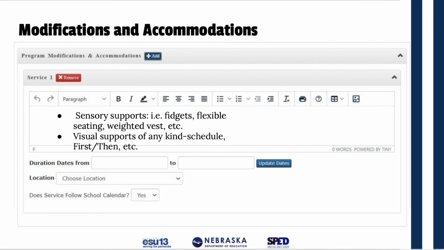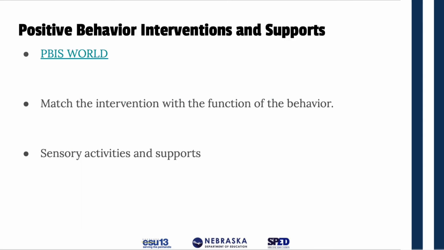So just for instance, sensory supports that this student may be using, such as fidgets, flexible seating, which is usually offered to most children, weighted vests, etc., that are student specific, and then visual supports of any kind would be in this area, such as a visual schedule, a first-then type of schedule, any visual schedules that the student may be using.